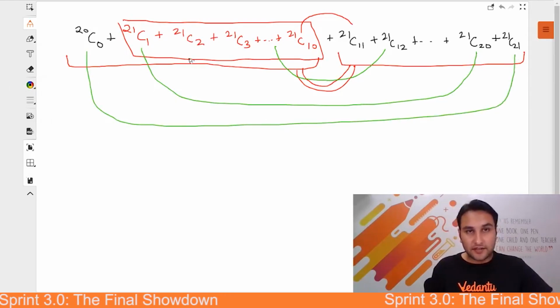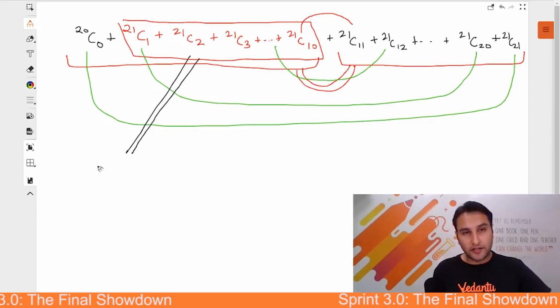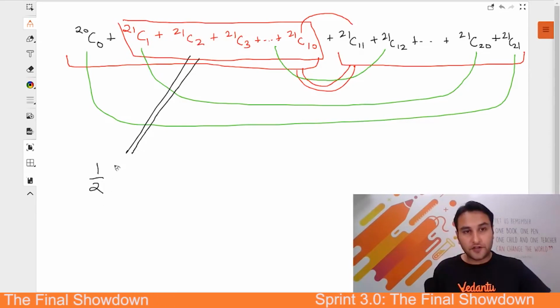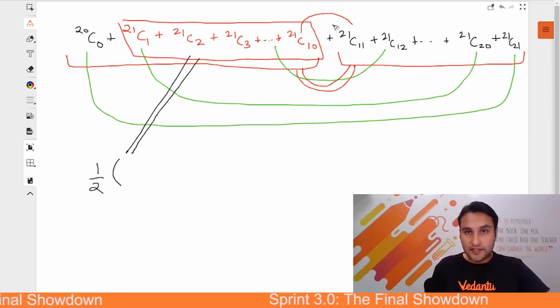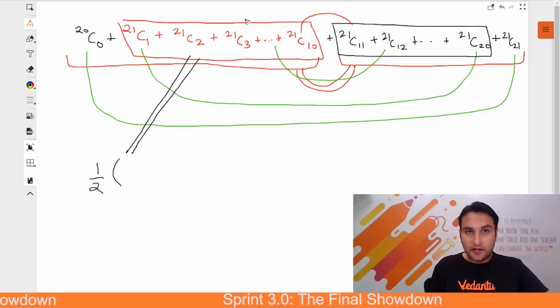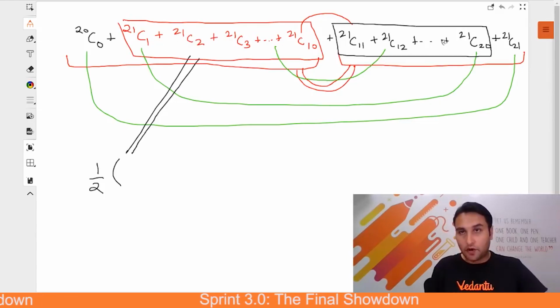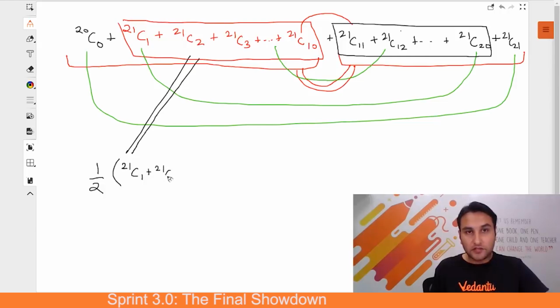If you can visualize this, then you can visualize this can also be written as half times, सुनना ध्यान से, मैं क्या कर रहा हूं, half times this plus this. This red wala dabba, red box and black box have equal terms. These terms are equal to these. So can I write this as 21C1 plus 21C2? I'm writing this red term plus 21C10.